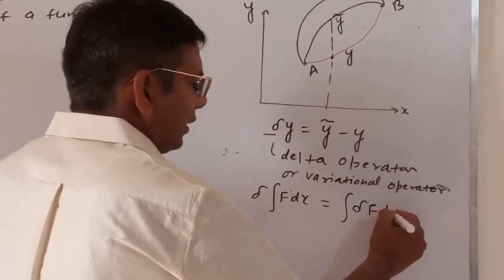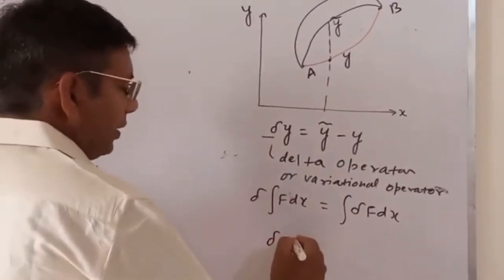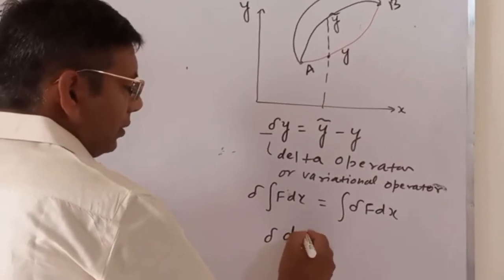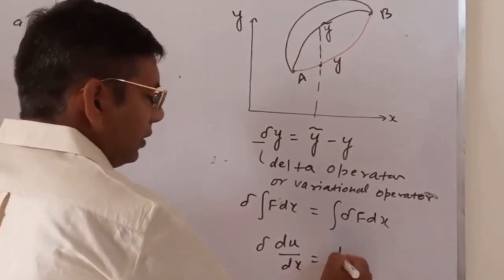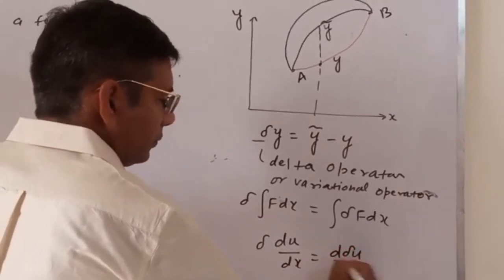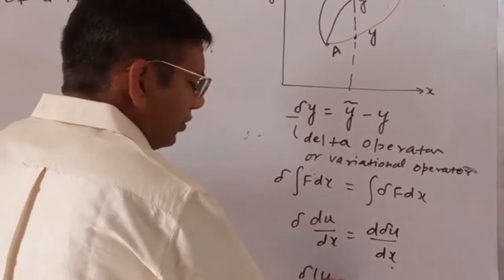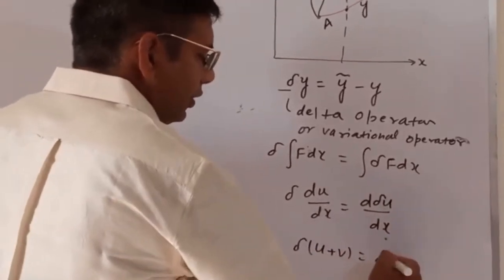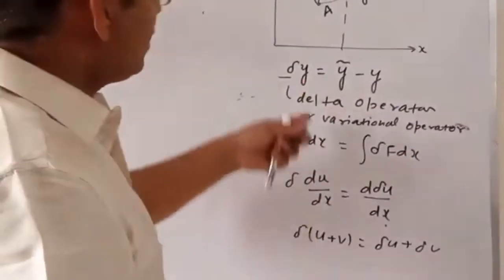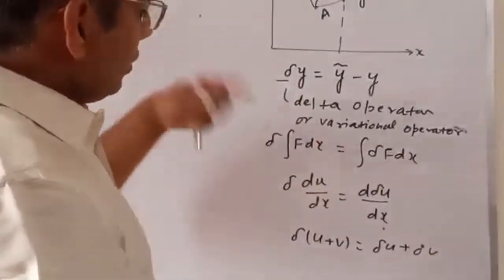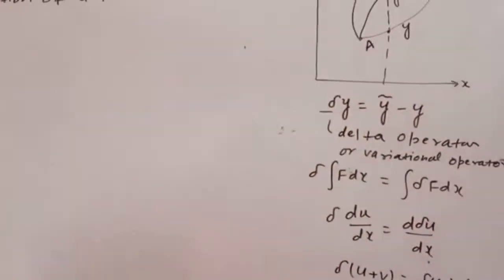Second, suppose we have du by dx, we can write d of u by dx. And other things like delta of u plus v is equal to delta u plus delta v. So all these properties of the delta operator are similar to the differential operator. With these things we can start here.